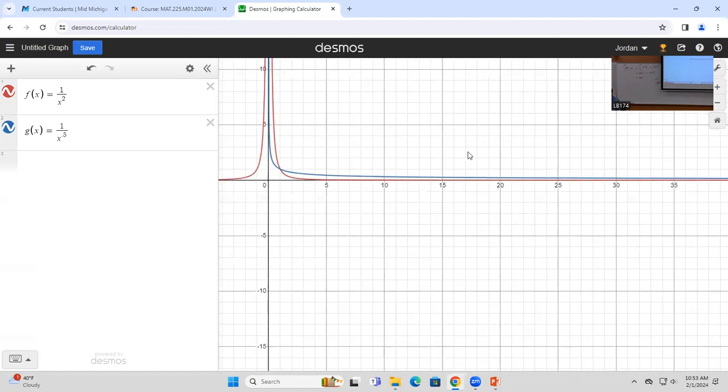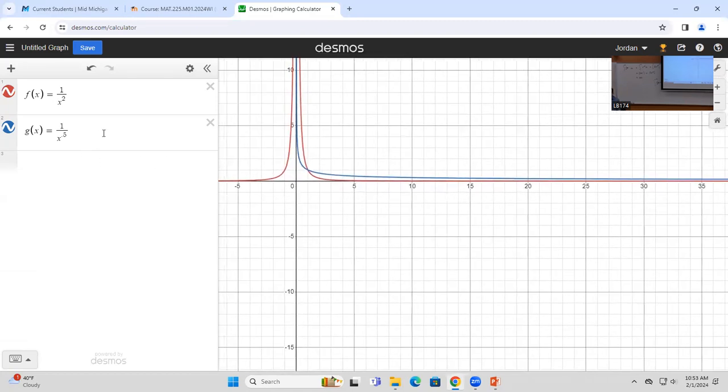And remember what integration did. Integration essentially takes the area under the curve. So let me try to rewrite that.